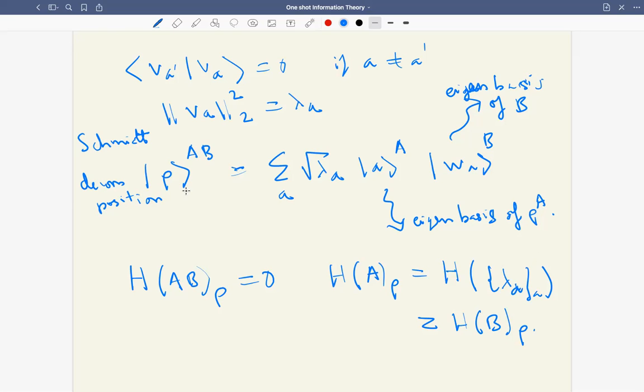So what is the take home thing? You take a general entangled state, a general state in the tensor product space, and I can write it in a special decomposition.